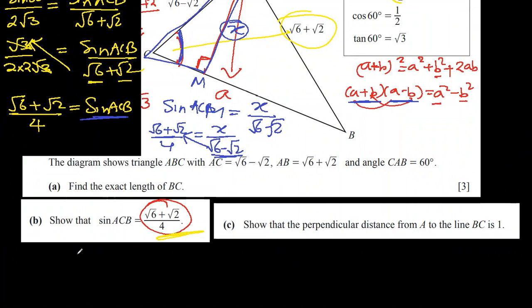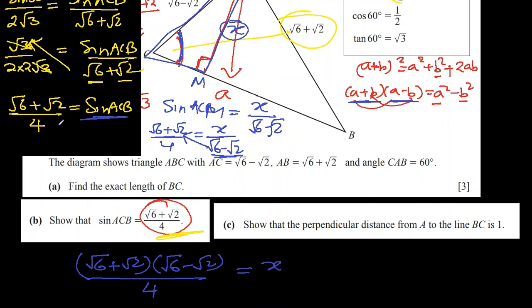So let me do it down there. Square root 6 plus square root 2 multiplied by square root 6 minus square root 2 over 4 equal to x. And we got this earlier. It will be square root 6 square, which is 6, minus square root 2 square, which is 2, over 4 equal to x. 6 minus 2 is 4, 4 divided by 4 is 1. We showed it.